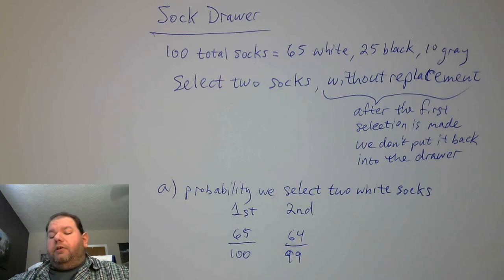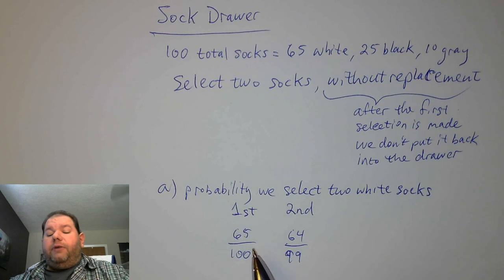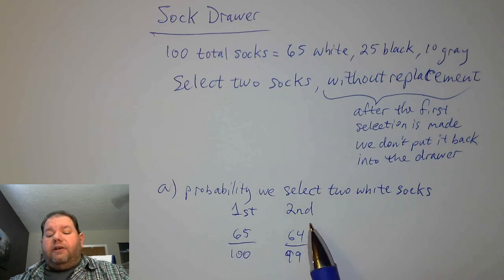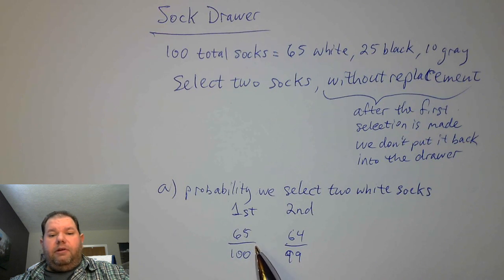Because we're looking at the probability of getting a white sock the first draw and the probability of getting a white sock on the second draw, assuming that we got a white sock on the first draw. And that's what the conditional probability is all about. On the second draw, we already assumed that we were successful the first time, which had this probability.